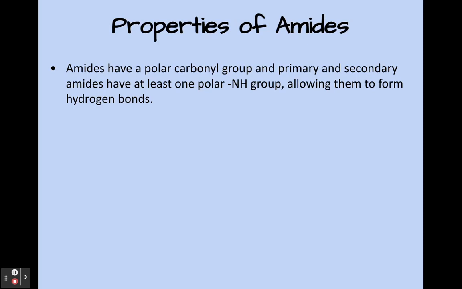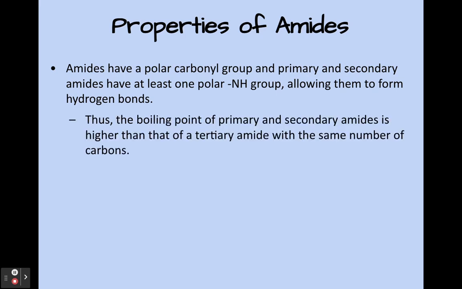So very similarly to the amines, the primary and secondary amides have at least one polar NH group, and they can form hydrogen bonds. And they all have the polar carbonyl group, so they can form dipole-dipole interactions. So the boiling point of the primary and secondary amides is going to be higher than the tertiary amide because it's able to form those hydrogen bonds.